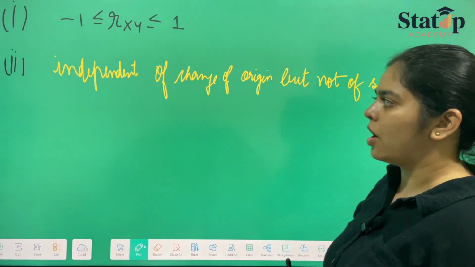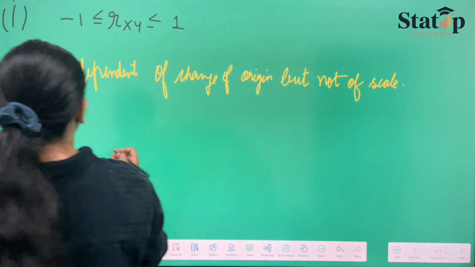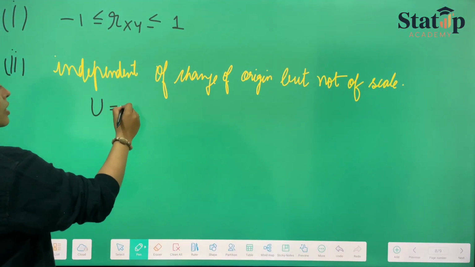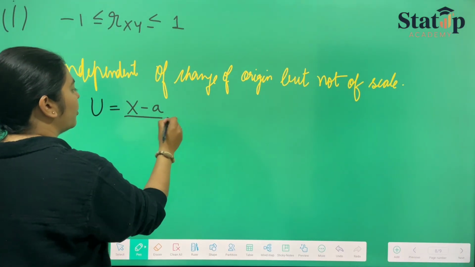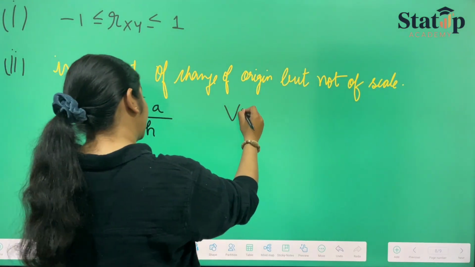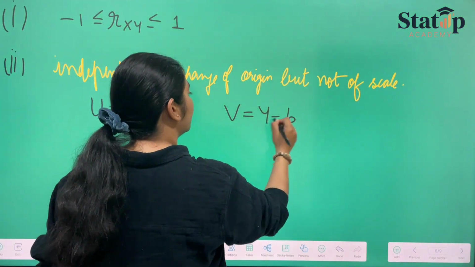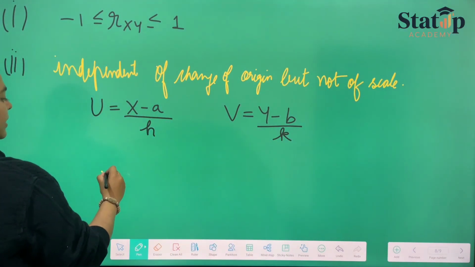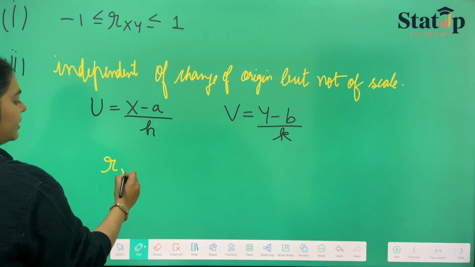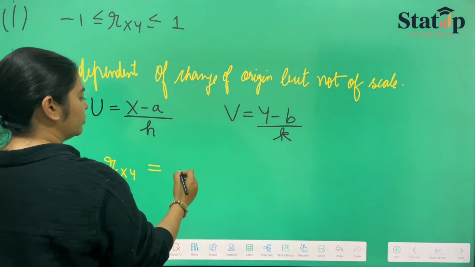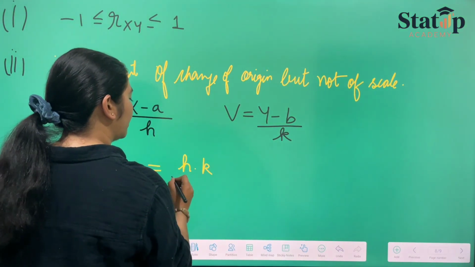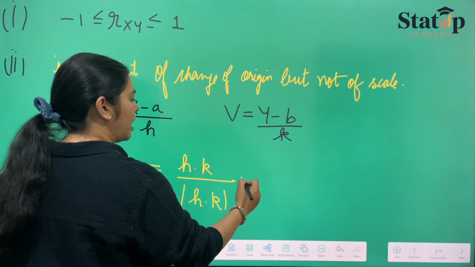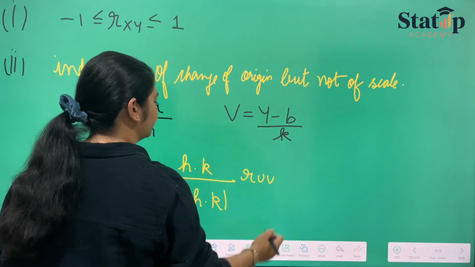Okay, how do we do that? If we have two variables x and y, and if we denote u is equal to (x minus a) upon h, and v is equal to (y minus b) upon k, then we can say that r of xy is equal to h into k upon modulus of h into k, times r of uv.